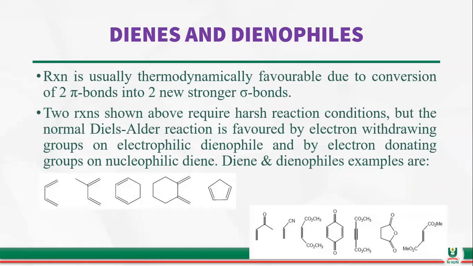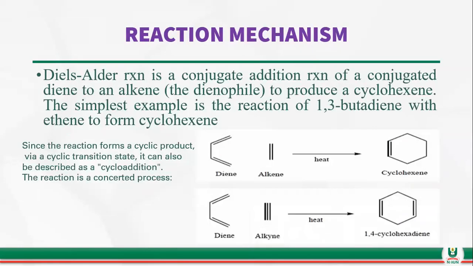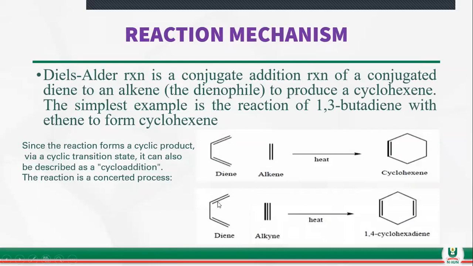And that's why we are saying two pi bonds end up being used to form two sigma bonds, and that sigma bond, you know, is stronger than a pi bond.